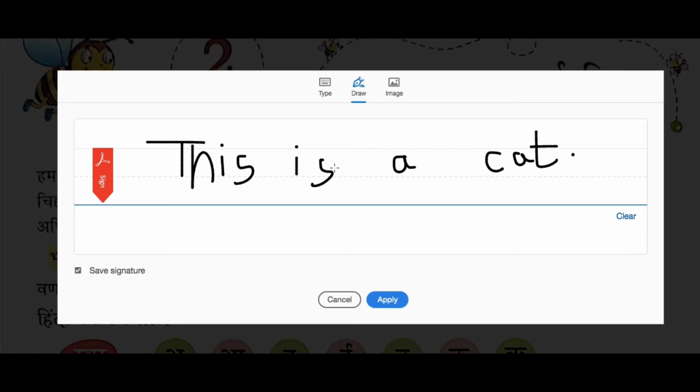So this sentence can be divided in four parts: this, is, a, cat. One sentence you have divided in four parts. In Hindi, एक वाक्य को आपने चार भाग में बांट दिया.